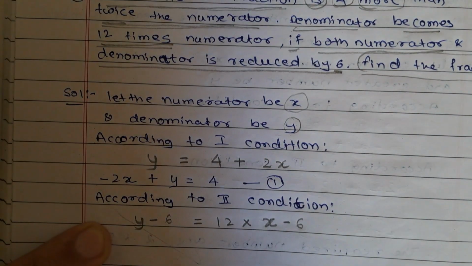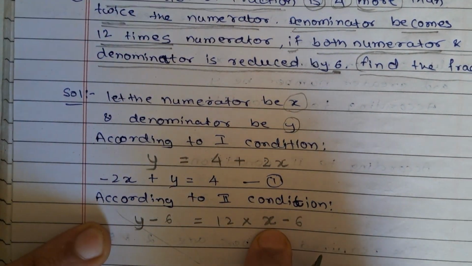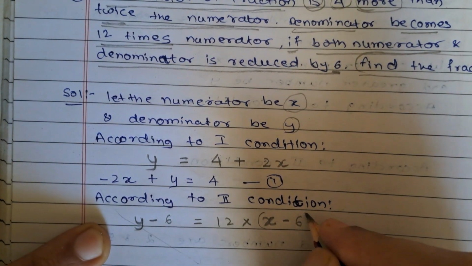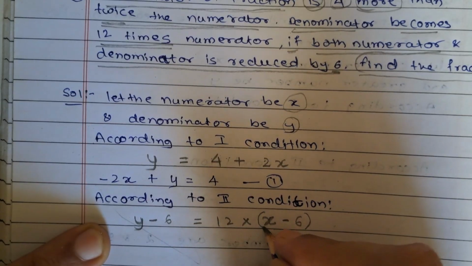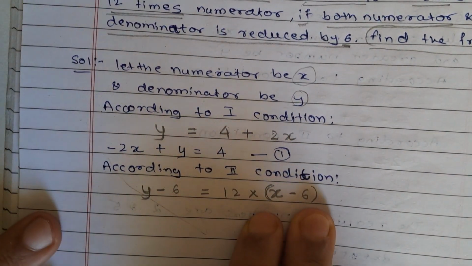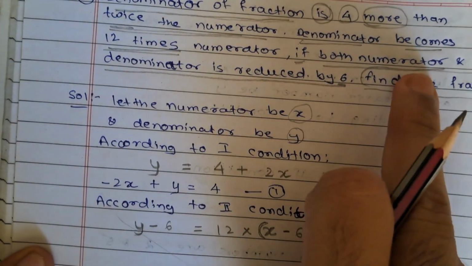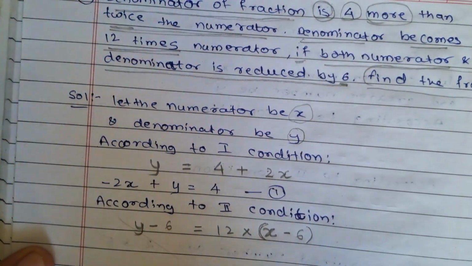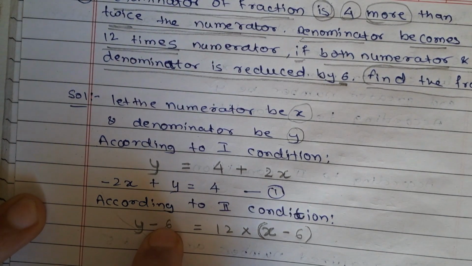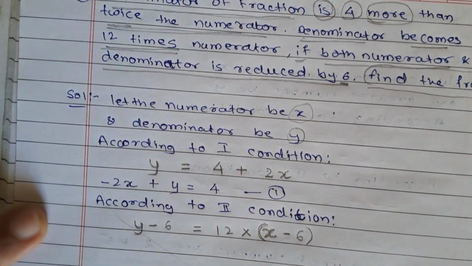Now just one thing to keep in mind, x is not standing alone, right? There is a 12 also beside it. So to make sure that we are reducing 6 only from this x, we will put a bracket over here. Putting this bracket is very important because it is said that numerator and denominator are reduced by 6. So my focus is only on x and y. From y I will reduce 6, and from x also I will reduce 6.